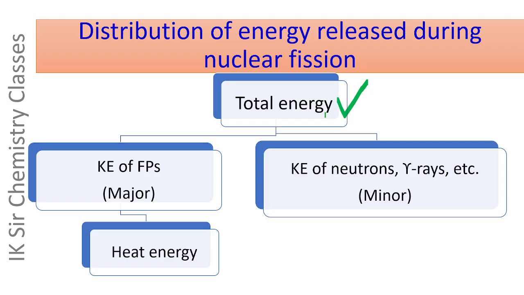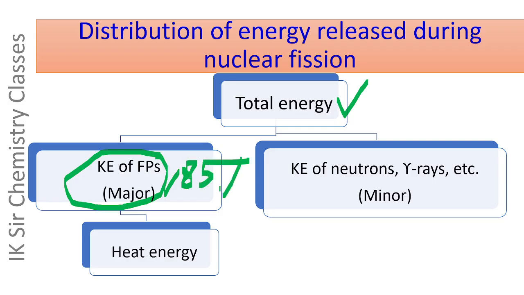The major portion of this energy is shared by the fission products. The major amount of energy released during nuclear fission appears in the form of kinetic energy of fission products, about 80%.